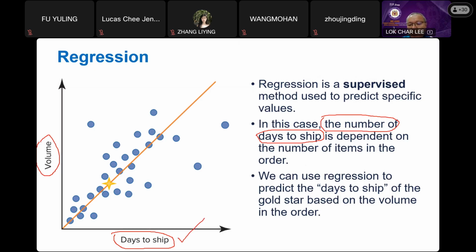So supposedly you have to draw this over here, and this one should come to here. Later I need to change the diagram, because the dependent variable is supposed to be on the side where I predict the days to ship based on the number of items in the order.